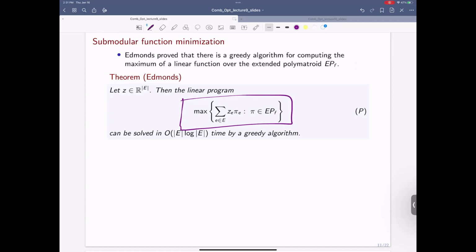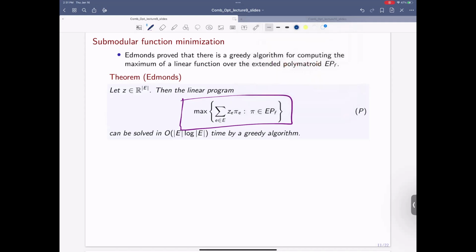So this is a linear program, right? Again, the extended polymatroid is a polyhedron. Let me write it down, maybe I'm making you confused here.